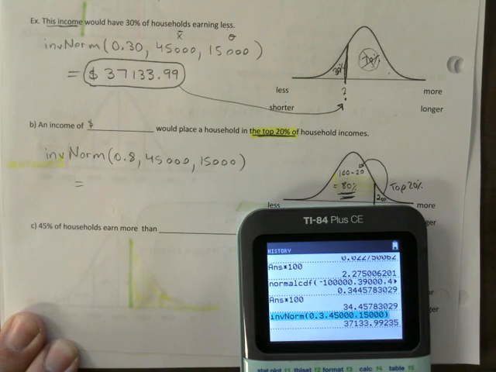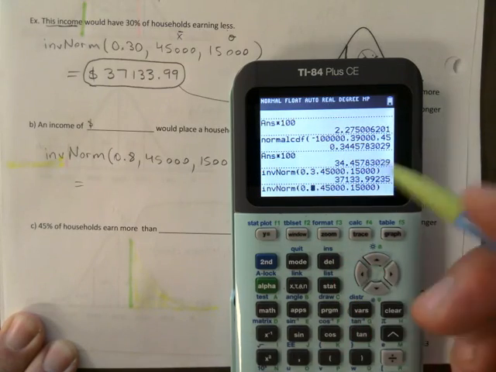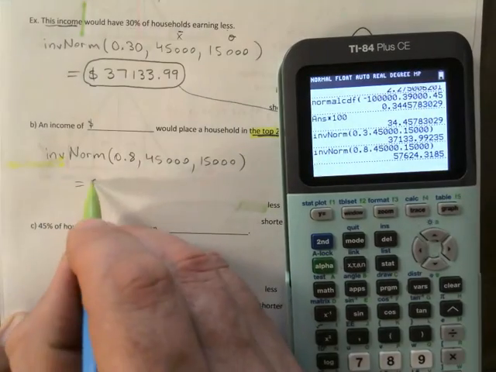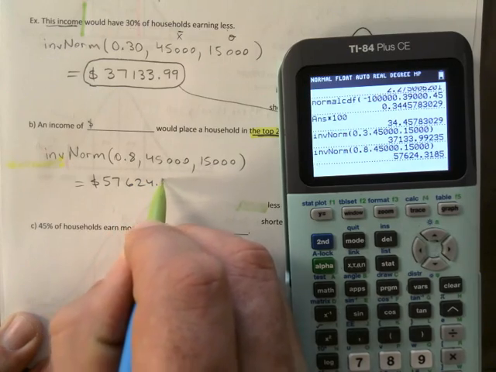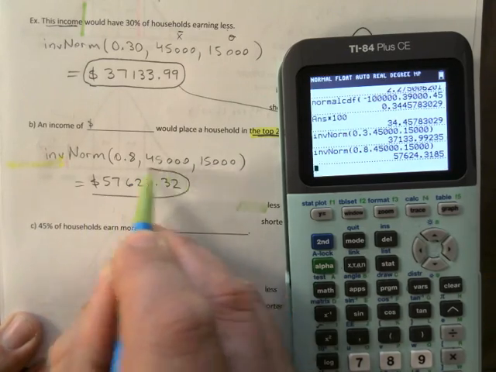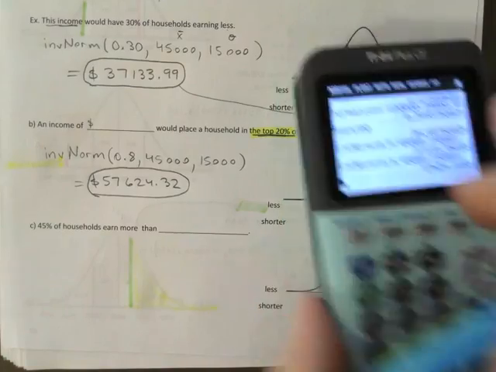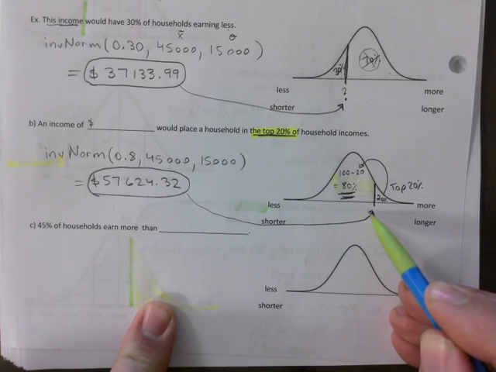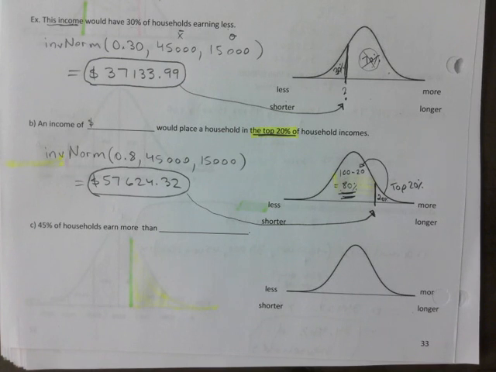I'm just going to copy paste in this case, and change that to 0.8. And then hit enter. And that's 57,624 and 32 cents. So that income is like the line, okay? That is the number along the x-axis where you have the 20/80 split, okay?